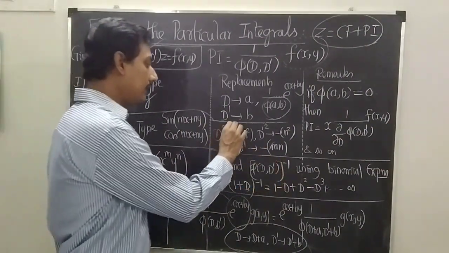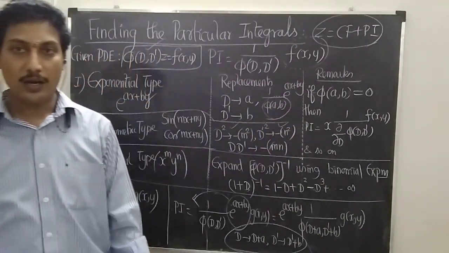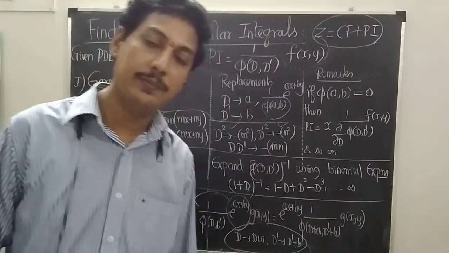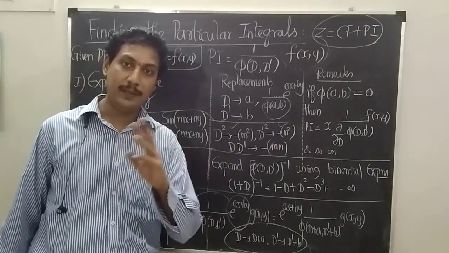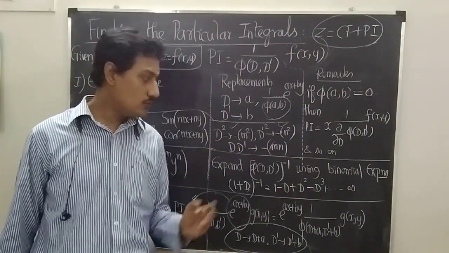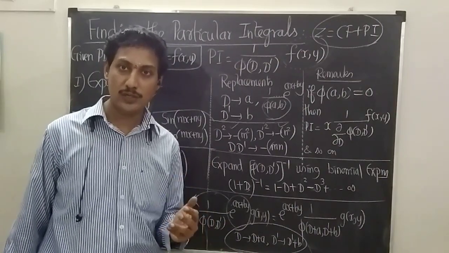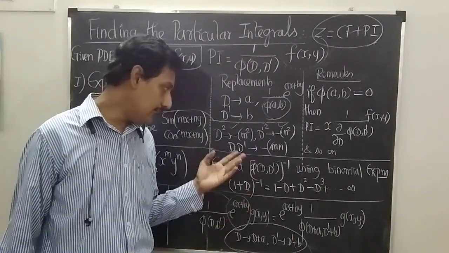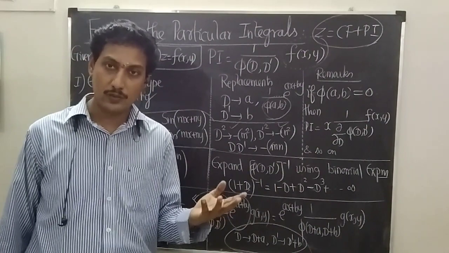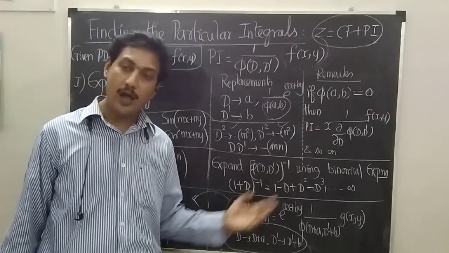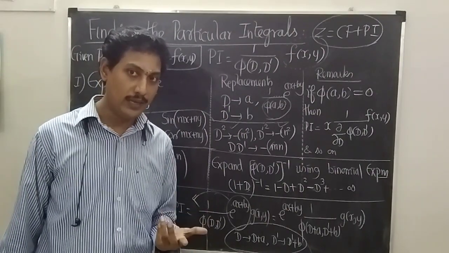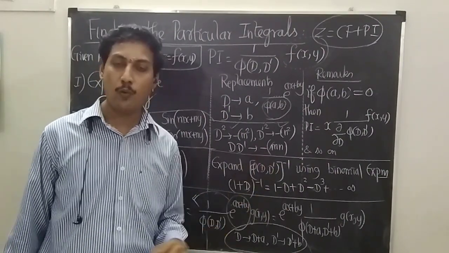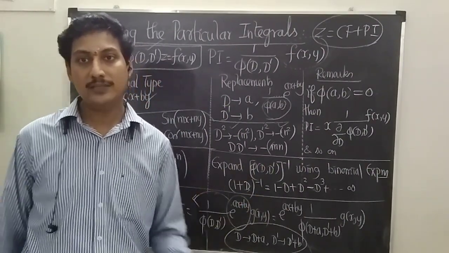D square and D dash square are both always negative, whatever may be m and n, because after squaring those values we multiply by a minus sign in front. So obviously these two are naturally negative numbers. But DD dash may be positive, because if any one of m or n is negative, the product is negative, but in front of the term I have one more minus, so minus of minus becomes plus.